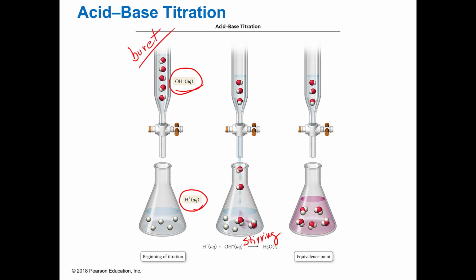When you start getting close to the point, you'll see some color right where those drops are going in, and then when you stir it, it goes away. That's how you know you're getting close. And then when you reach the equivalence point, the entire solution will turn whatever color, in this case pink.